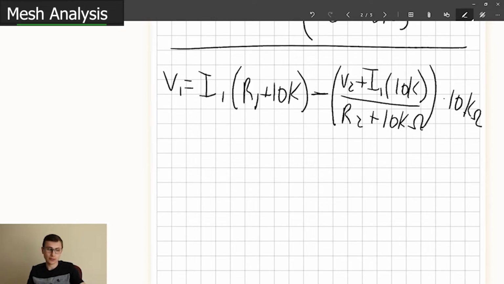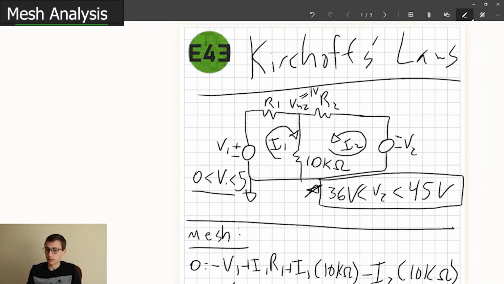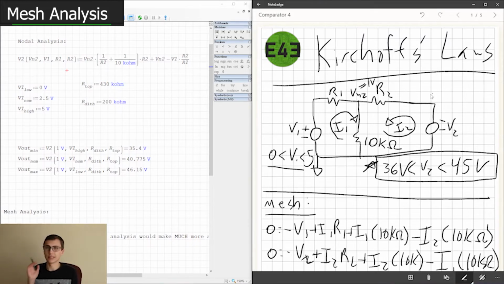So if we were to drive this to completion, keeping in mind this picture right here, this is the system that we're working with. I1 is not fixed, I2 is not fixed, R1 is not fixed, R2 is not fixed. Like we were saying before, the problem isn't necessarily with the mesh analysis. The problem is that everything's interdependent.